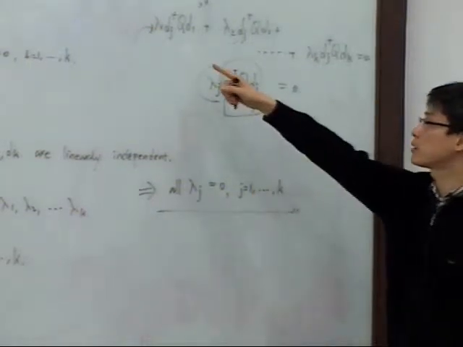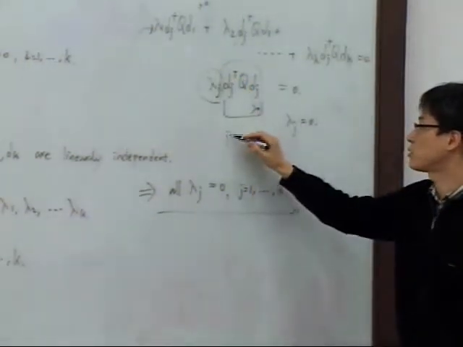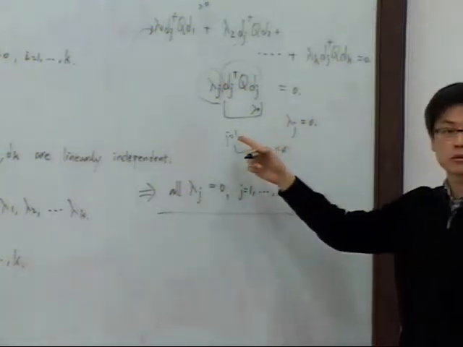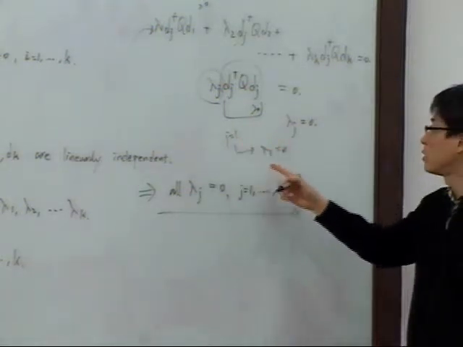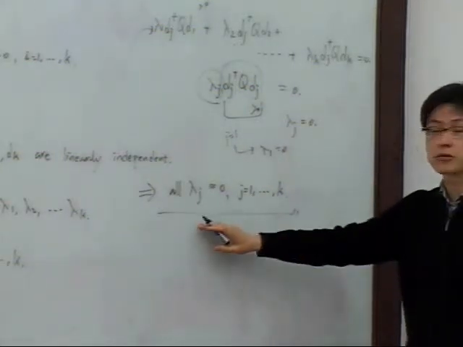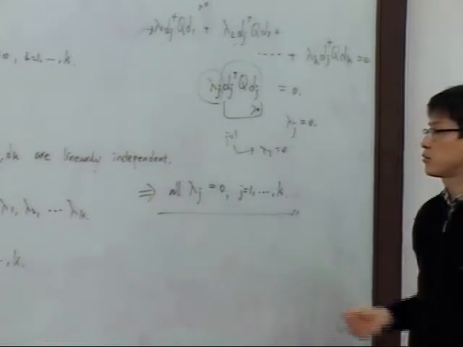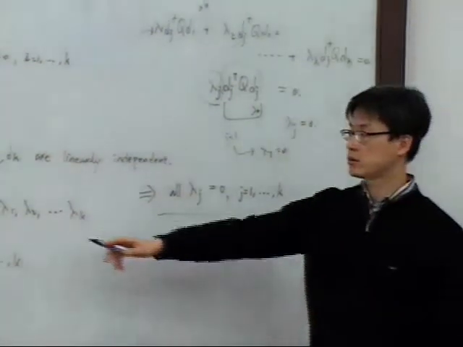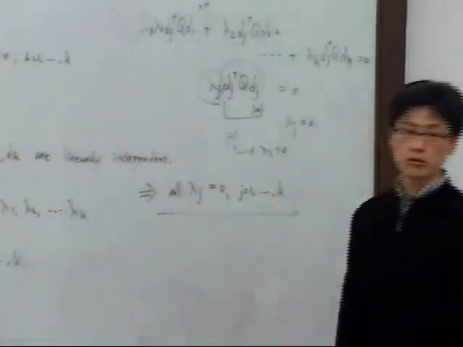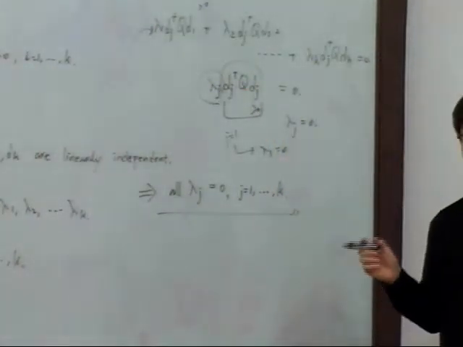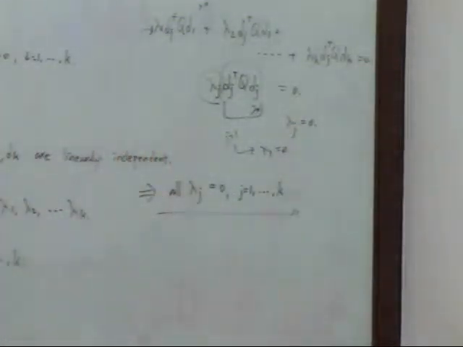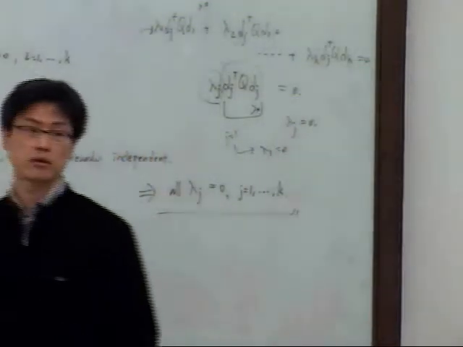If J is 1, lambda 1 is 0. If J is 2, lambda 2 is 0. For all J, this is true, which means this is a contradiction. So these conjugate directions should be linearly independent of each other.